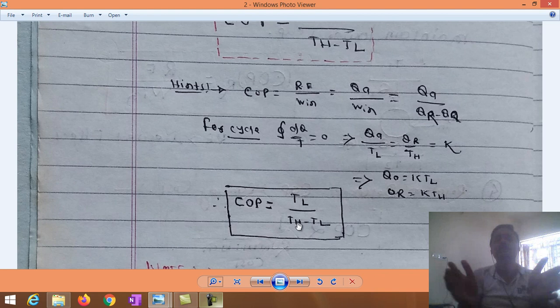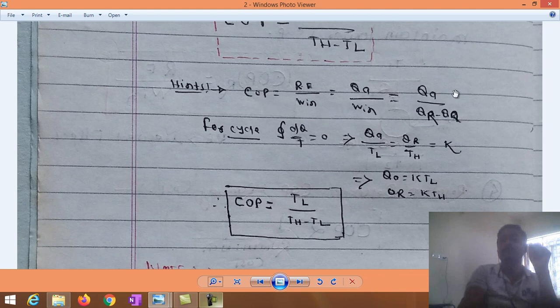So this formula is only for the reversed Carnot refrigeration cycle, remember. For the general equation, we have COP is equal to QA by work input, or heat absorbed divided by heat rejected minus heat absorbed.